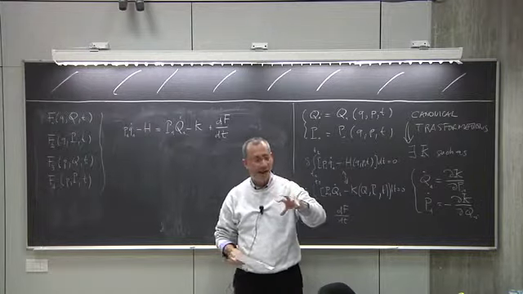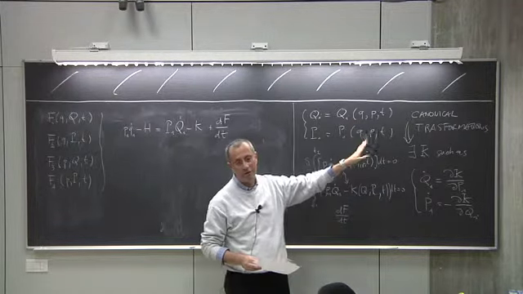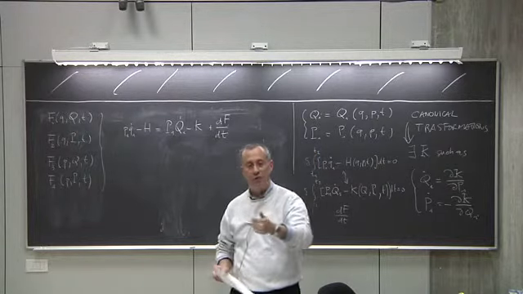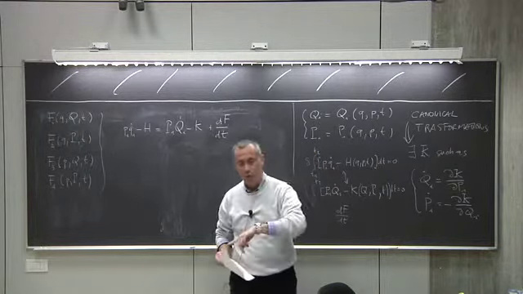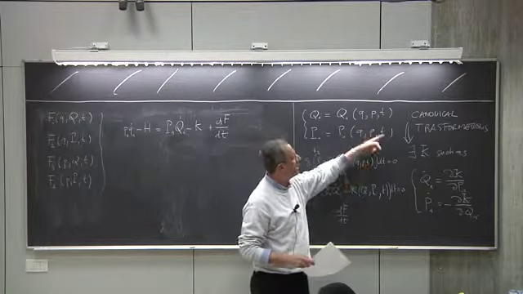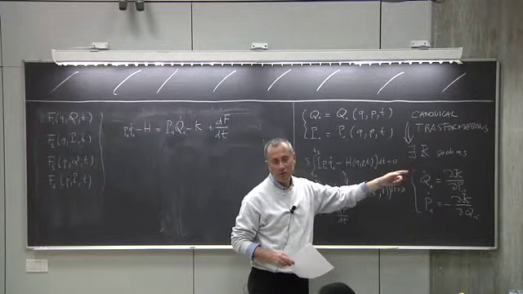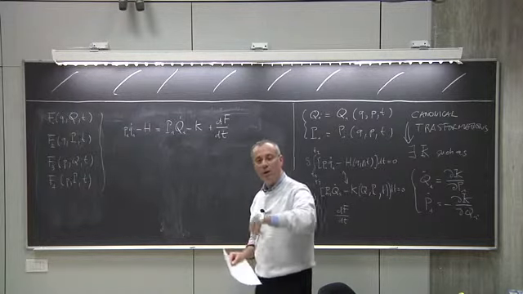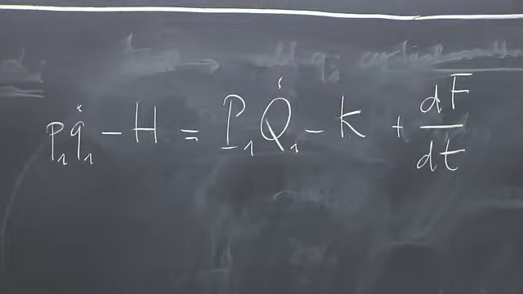And if I have f, I generate the canonical transformation. So this is the set of equations that you are supposed to study, not to find the equations of motion of your system, but to find the canonical transformation. That's useful because we are looking for canonical transformations that bring my system into that nice form in which most of the coordinates are cyclic.